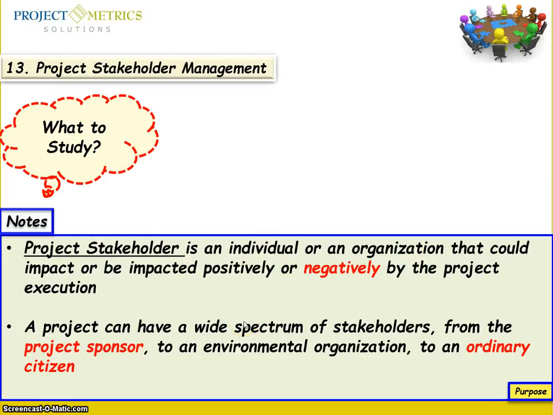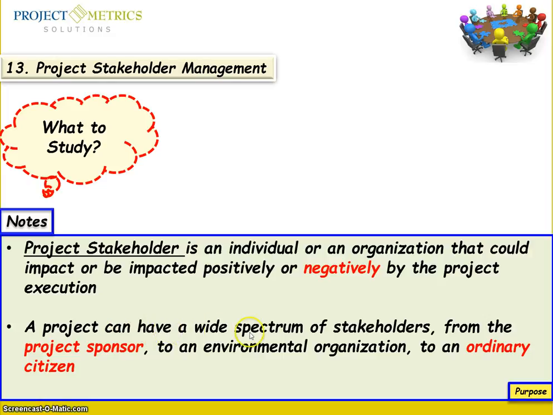So what is the definition of stakeholders? It is new. Chapter 13 is new in the PMBOK Guide 5th edition. So you have to familiarize yourself with the definition. It is an individual or an organization that could impact or be impacted positively or negatively by the project execution.